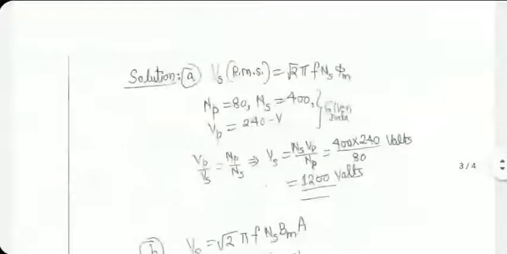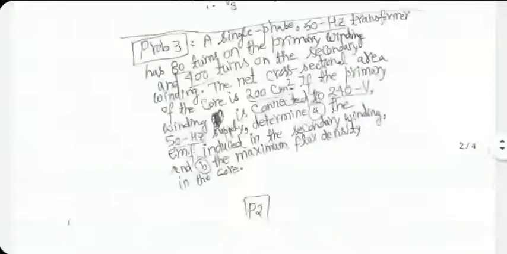EMF in a lossless case is written as Vs for secondary winding. You use the formula directly. Everything is given. Wait a minute, what are they asking? Yes, in the secondary winding.